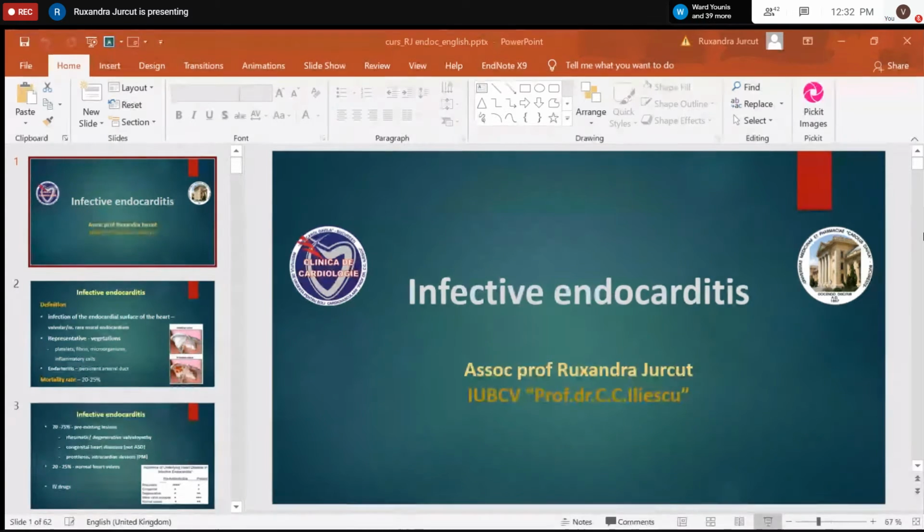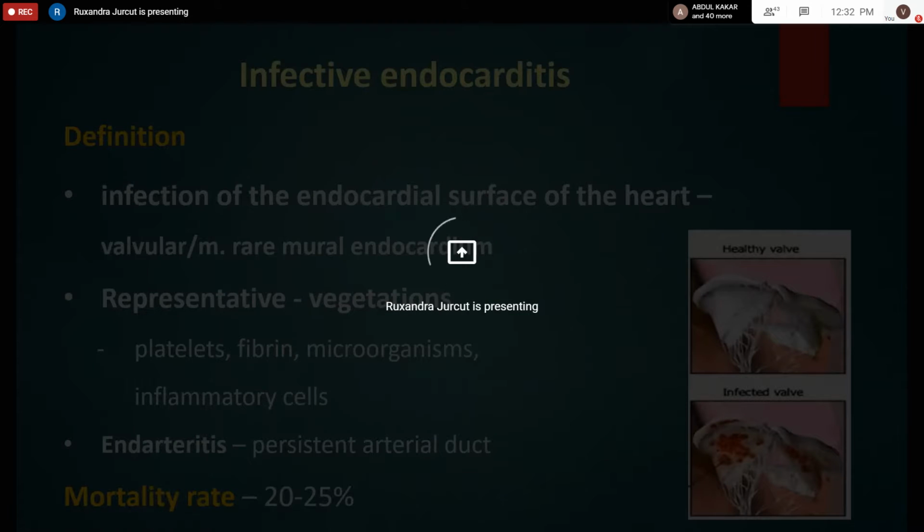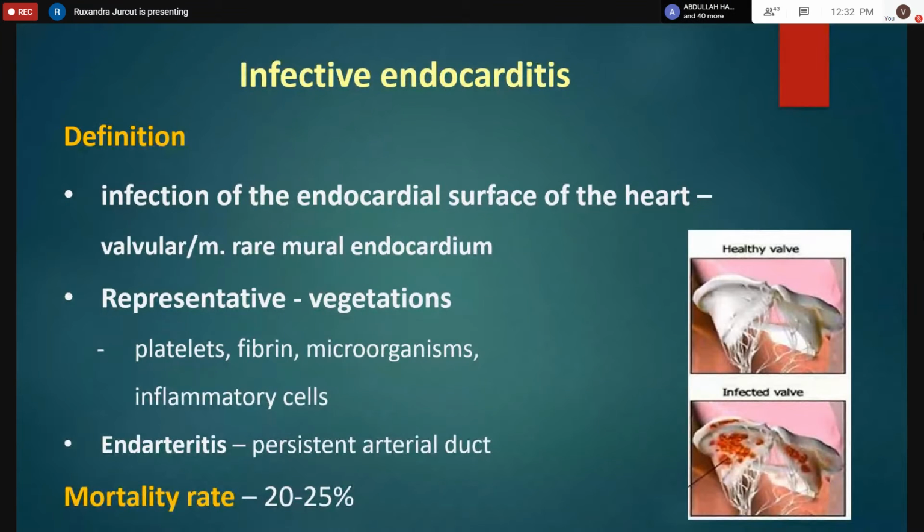Okay, then I'll do it again. Let's see. Okay, maybe now. Do you have the first slide and now the second one? Yes. Okay, then I hope it will work.